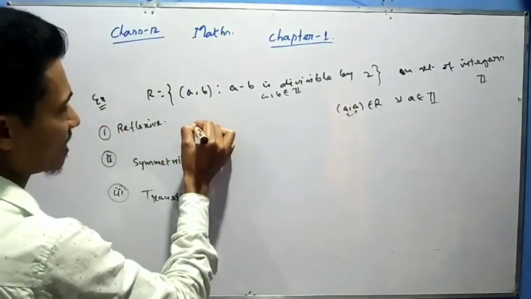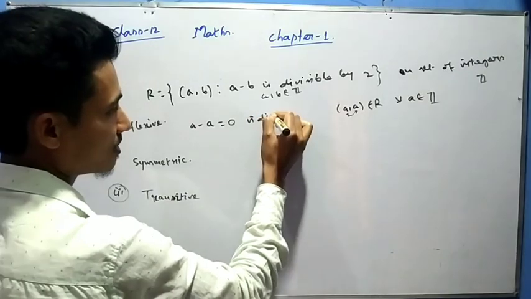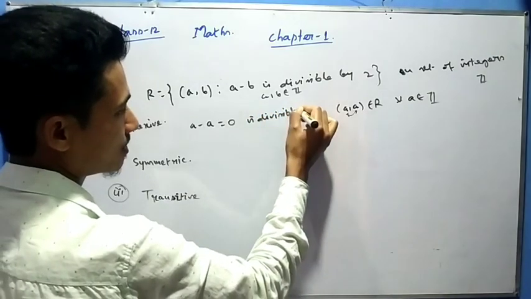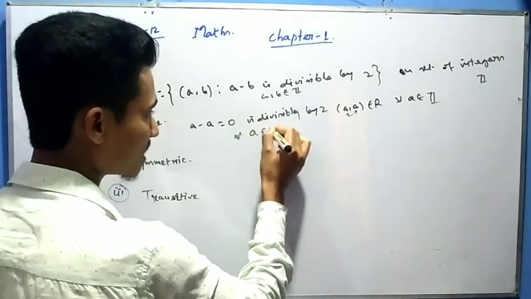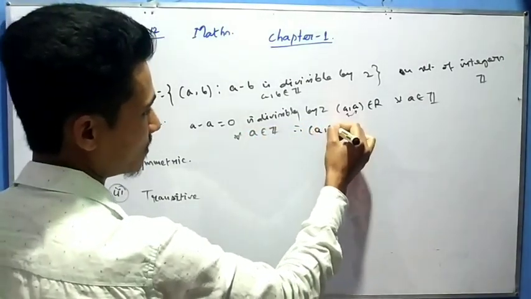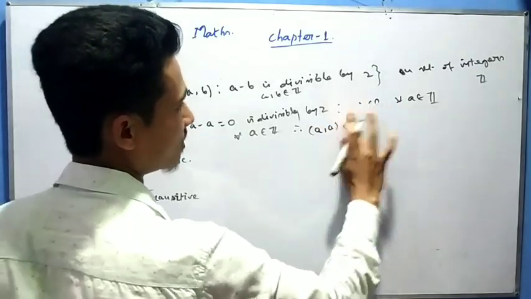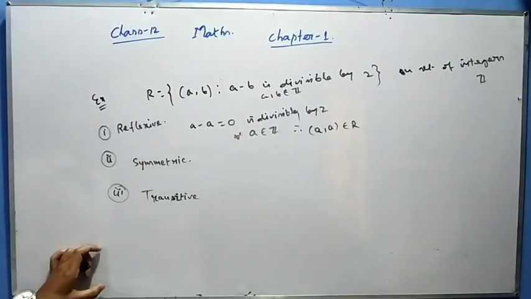So we can say A minus A, which is 0, is divisible by 2 for every A belongs to Z. Therefore A comma A belongs to the relation for every A belongs to Z. So this is a reflexive relation.